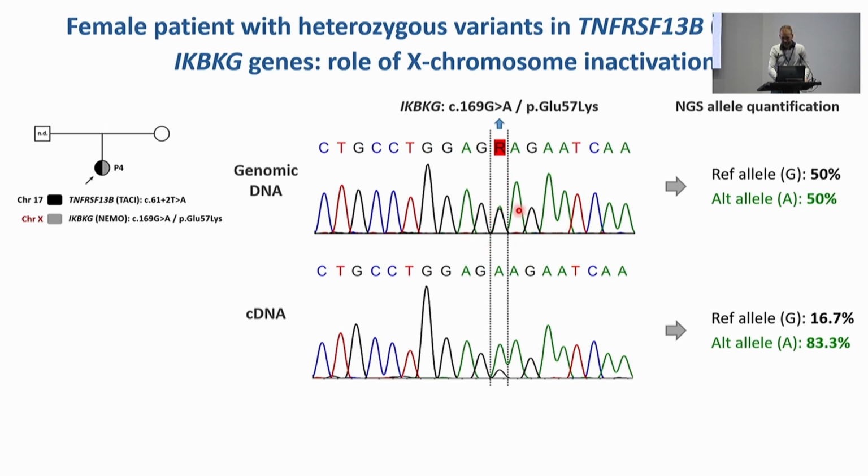Again, in the genomic DNA, you can see the double peak corresponding to both alleles at a 50-50 ratio. And in the cDNA, you can see that there is an imbalance. And again, the mutated allele, this is the adenine, is predominantly expressed. The HUMARA assay also confirmed this ratio of about 83-17%. So the patient had this skewed X-chromosome inactivation.